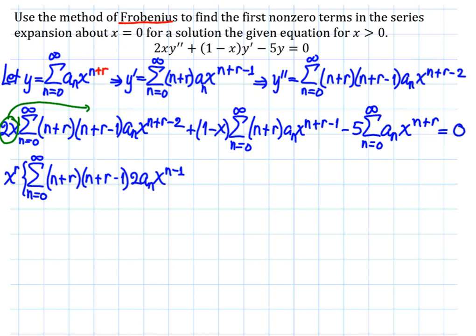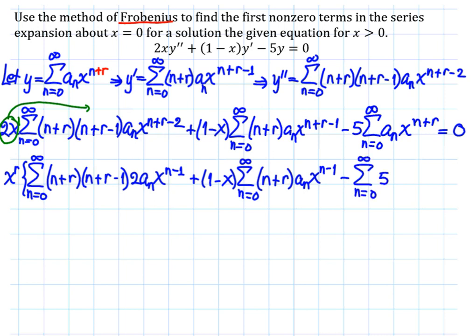And then we have 1 minus x, and this will stay the same, so I just copy it down, except the r power is factored out. I will check the 5 inside, and x to the r is factored out, so we have that.